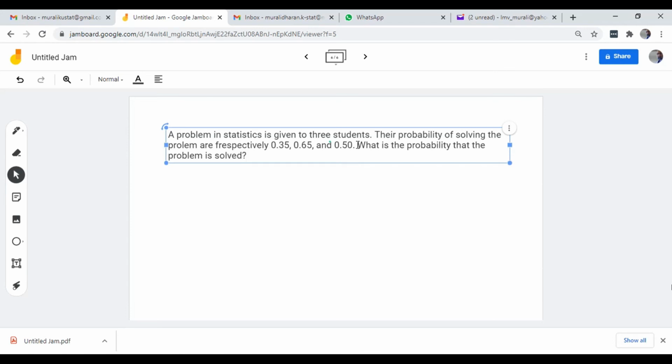Before asking what is the probability that the problem is solved, I have some more information with me: the probability that the problem is solved by both A and B is 0.15.